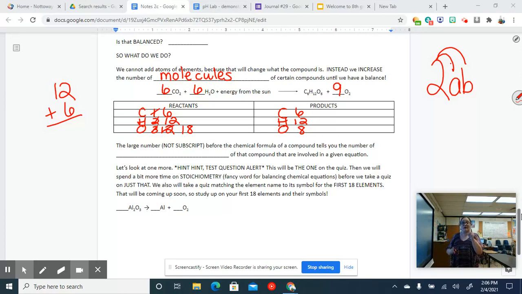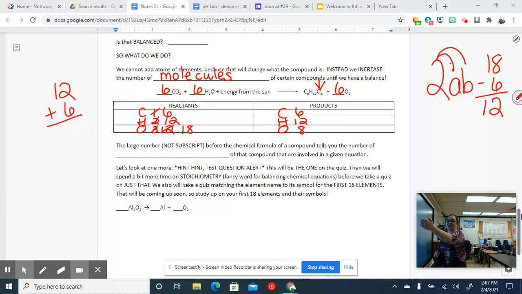But that would be wrong because you've got oxygen right here that you need to account for. We know we need 18, and we've already got 6 covered right here. So 18 minus 6 is 12. So we need this to be 12 oxygens. And what number is going to give us that? Exactly, 6.